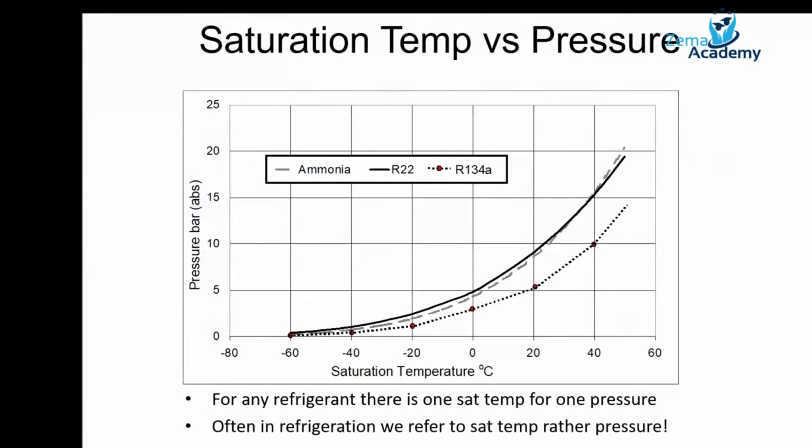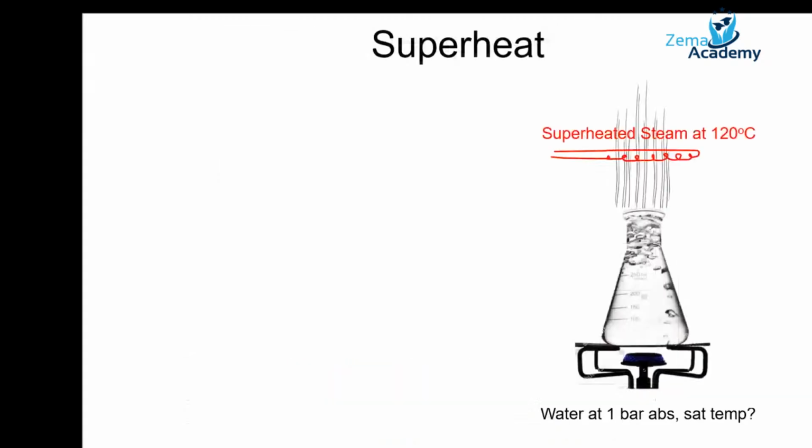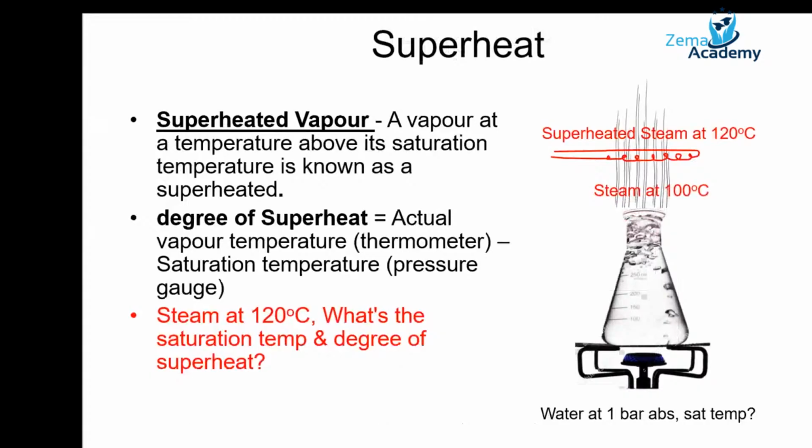This is another graph which shows the saturation temperature and the pressure for different refrigerants. Any refrigerant would have a saturation temperature, and the pressure also relates to that specific saturation temperature. Another term that we will come across is superheated vapor, which refers to vapor at a temperature above the saturation temperature.